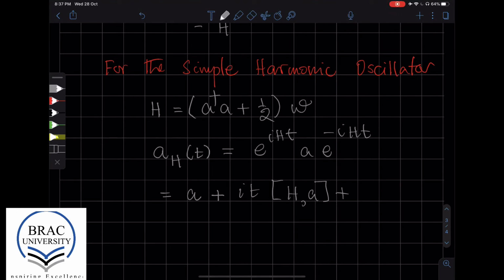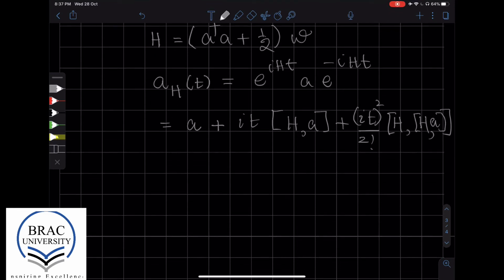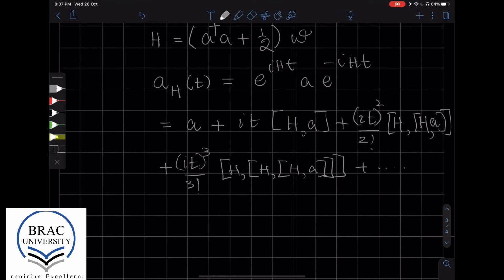And then the third term would be (it) squared divided by factorial 2 and the commutator of H with another commutator, which is a commutator of H and a. So two nested commutators. And then the third term would be (it) cubed divided by factorial 3, three nested commutators of H's with a, and so on and so forth.